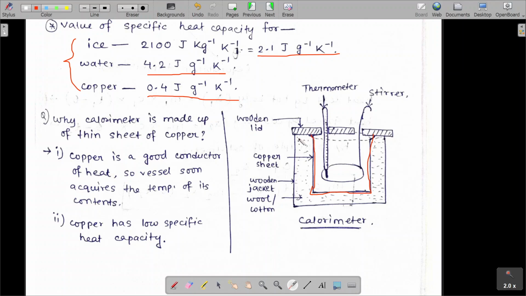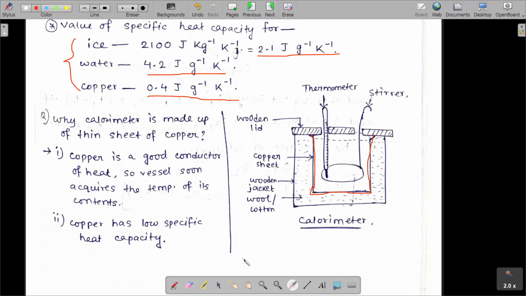And the mouth is to be closed by these wooden lids so that heat energy is not lost by convection. So the three ways of heat loss are adjusted.